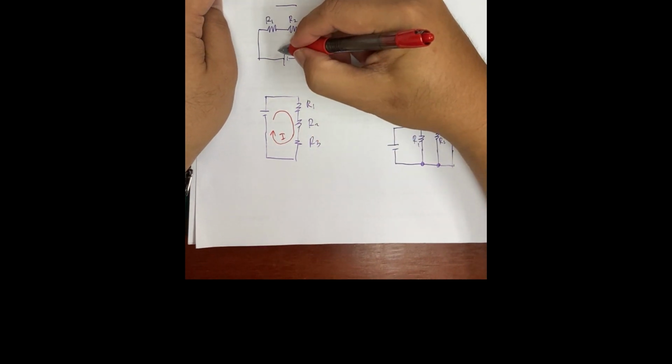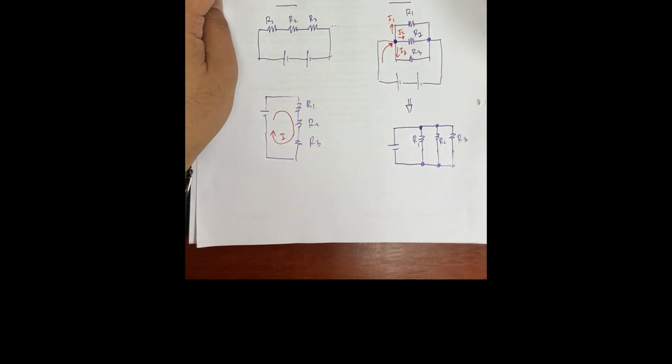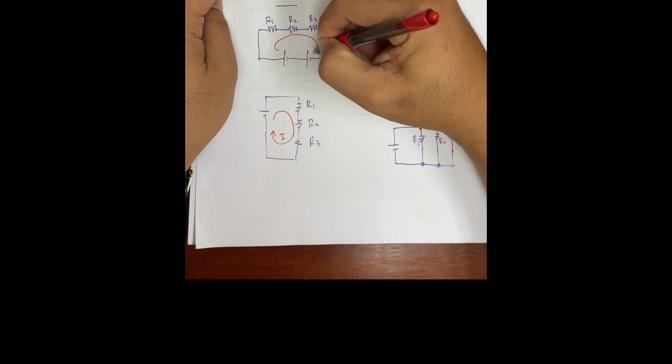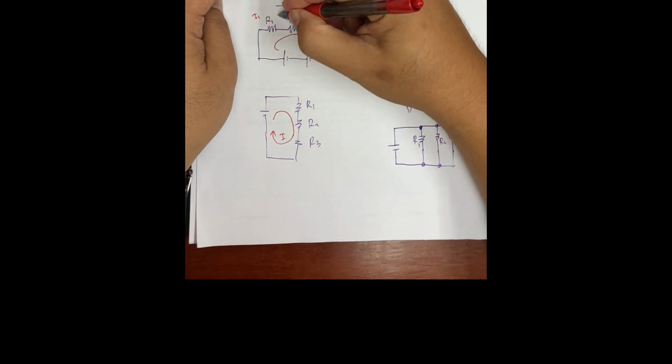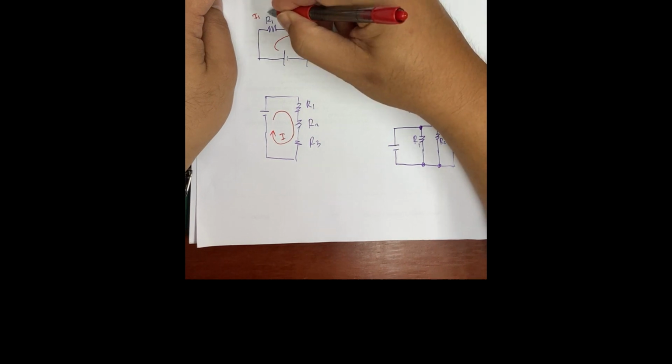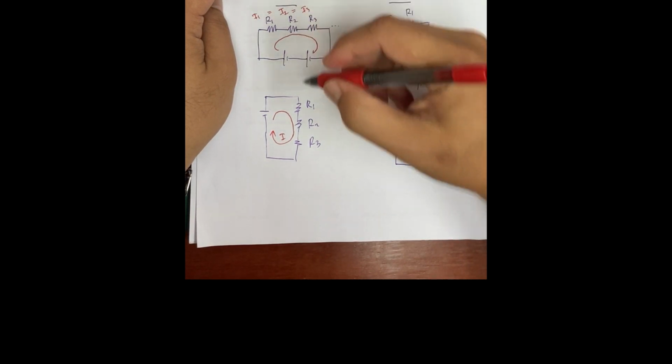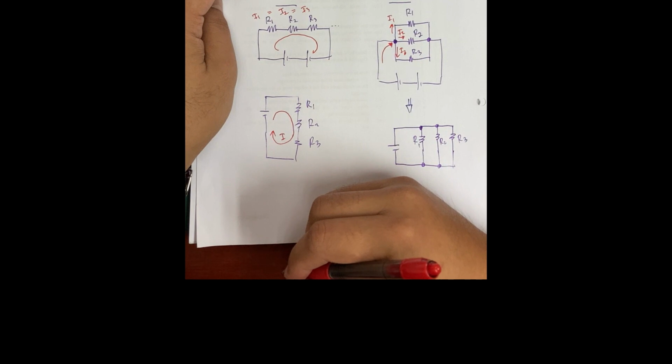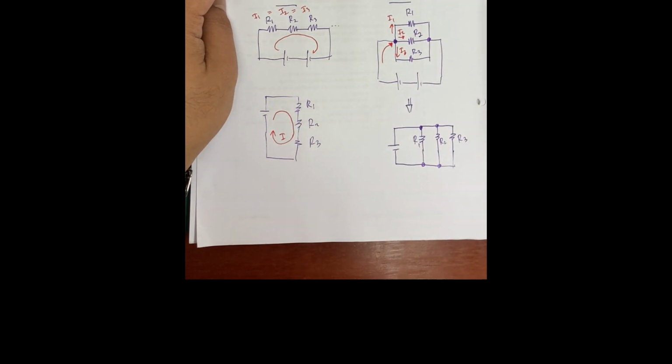For the series case, it has only one way and one loop, so the current I1 is the same as current I2, is the same as current I3, because it has only one way and no way for the current to go. So hopefully this can clarify the parallel and series for you guys.